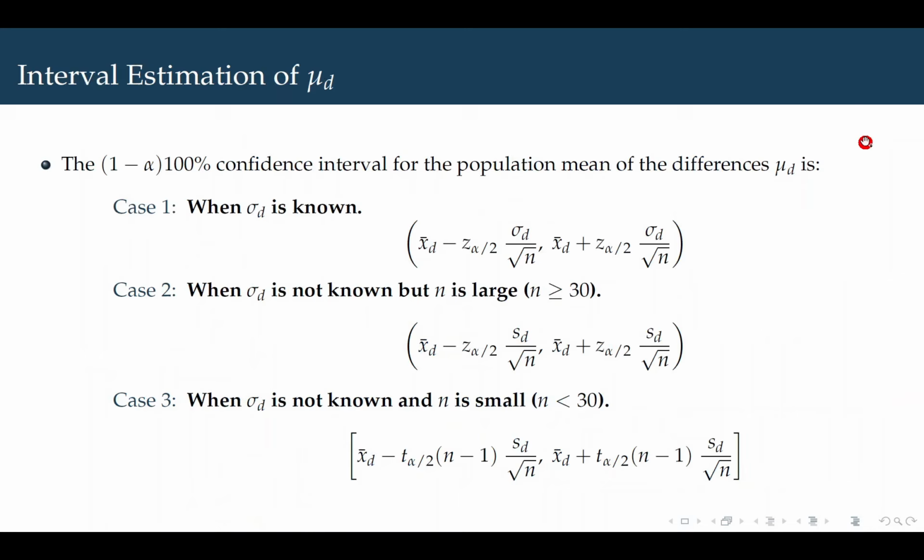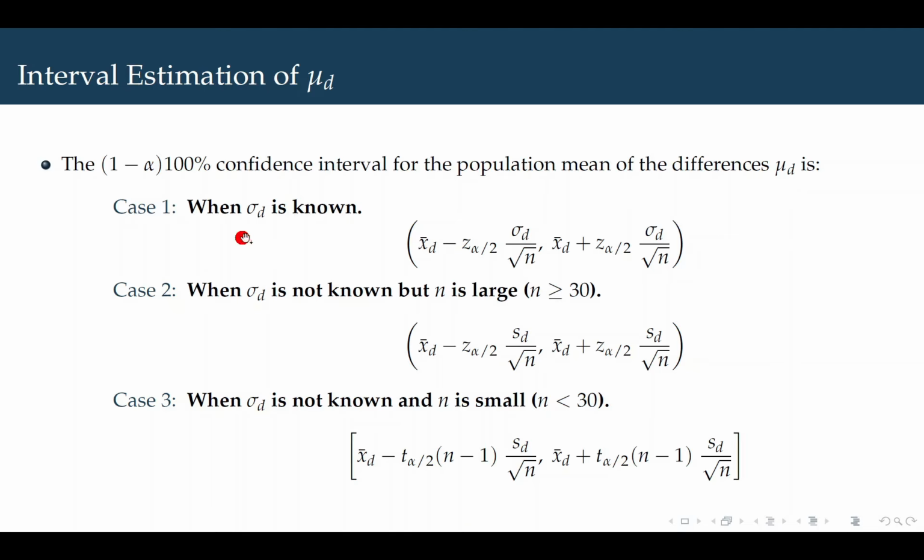Now let's consider the construction of a confidence interval for the population mean of the differences. So the 1 minus alpha times 100% confidence interval for the population mean of the difference mu d is determined as follows.